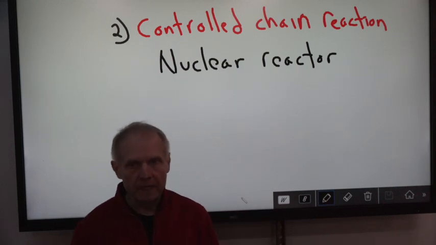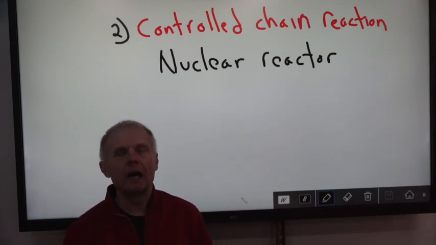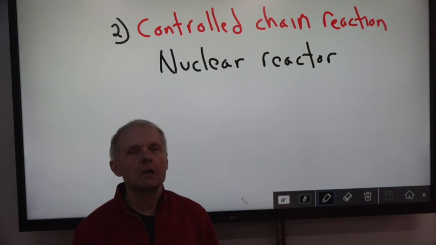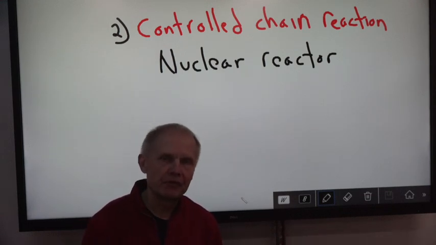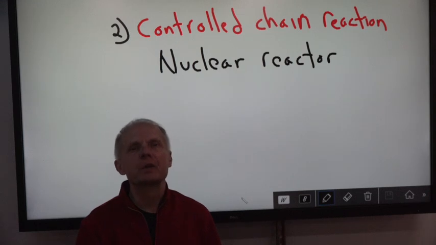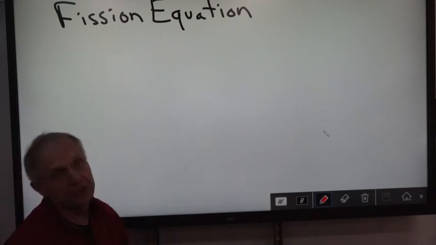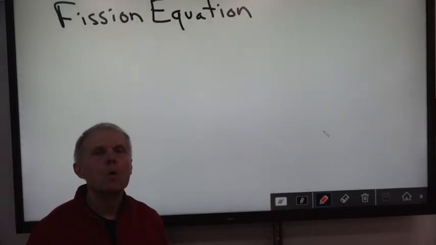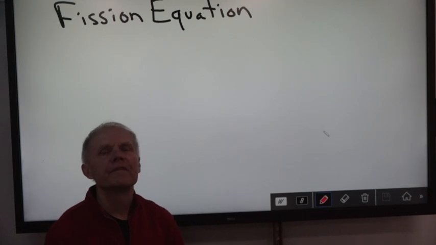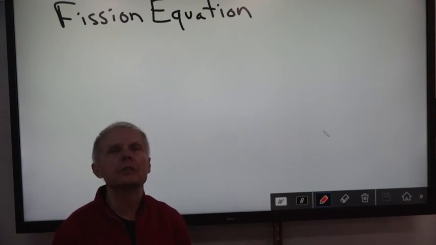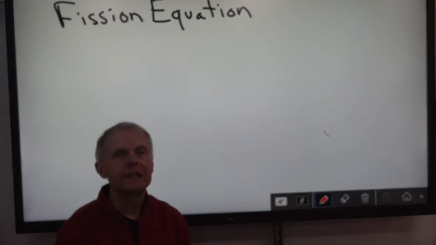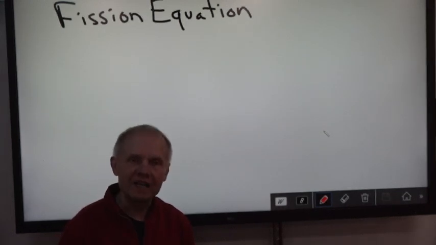Now, what we're going to do right now is I'm going to give you the formula for fission. And after we do the formula for fission, then I'm going to explain how a nuclear reactor works. Before I give you the fission equation, which is really long, we have to talk about the fissionable isotope that is usually used. And it comes from the element uranium.